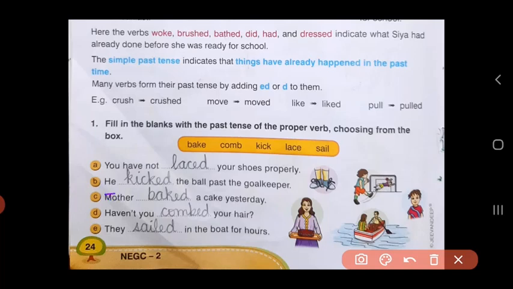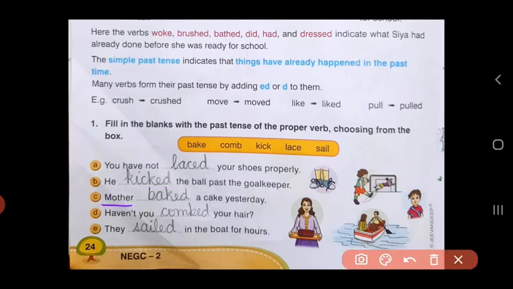B. He dashed the ball past the goalkeeper. The verb will be kick. But to make it into past tense, we have to add ed and make it kicked. He kicked the ball past the goalkeeper.